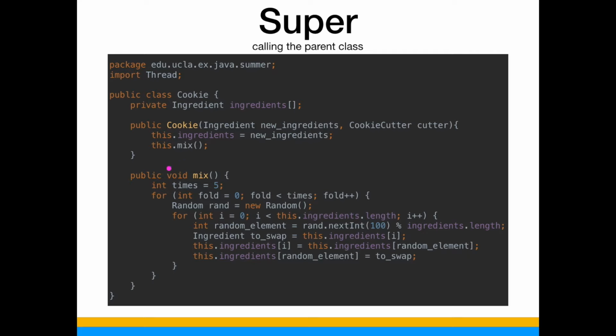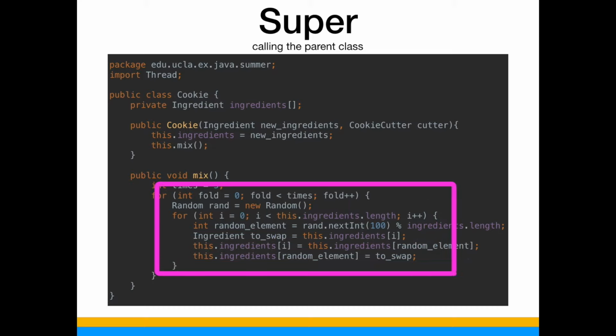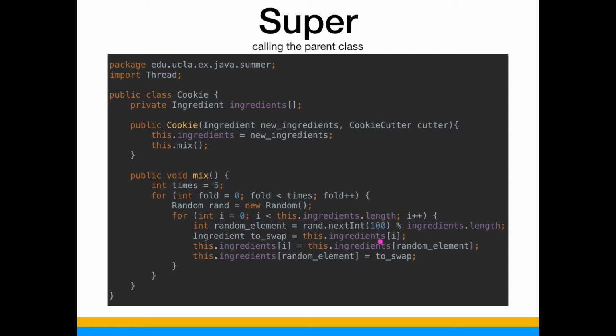The function here that represents the mix is essentially just saying that it's gonna shake all the ingredients and put them in a random order, essentially simulating what we would do with a mixer, and that mixes all the ingredients together by doing it 5 times, where it's swapping all the elements.